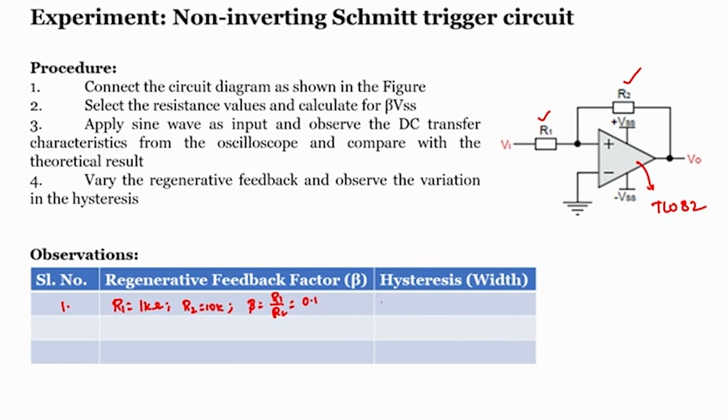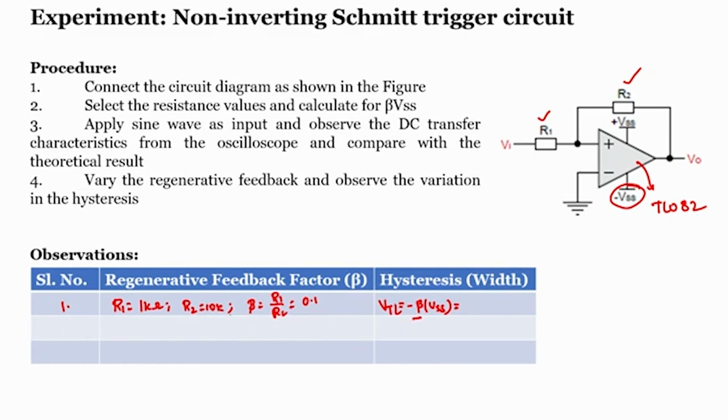Then what about the lower threshold? VTL, which is our lower threshold, is minus beta into VSS, that is, our negative supply voltage times the beta value.